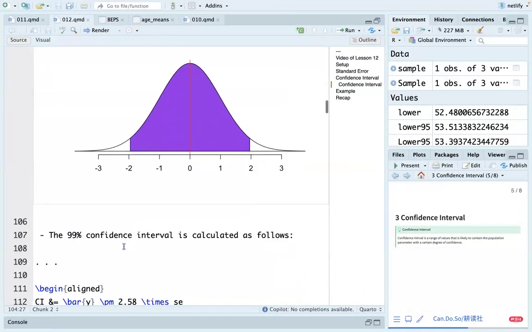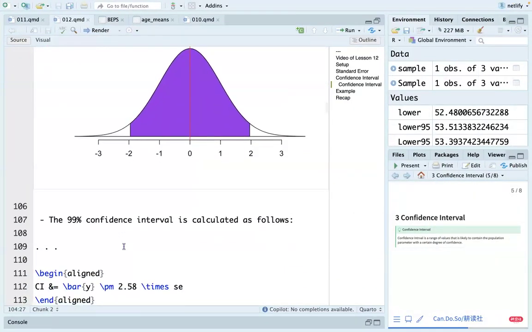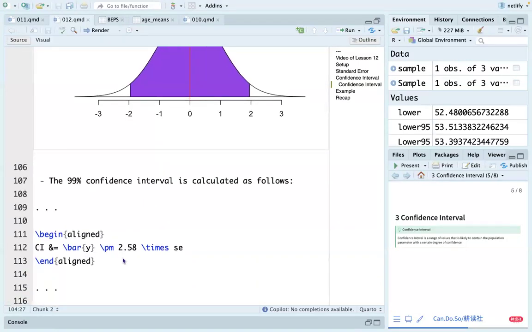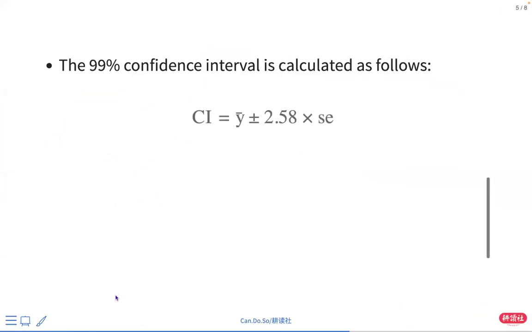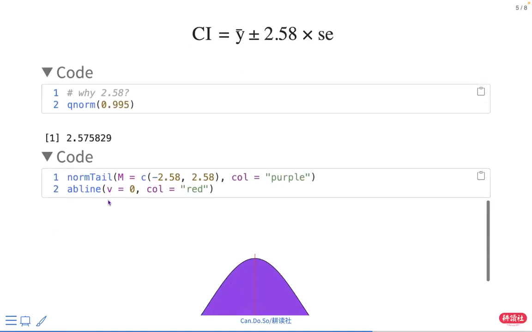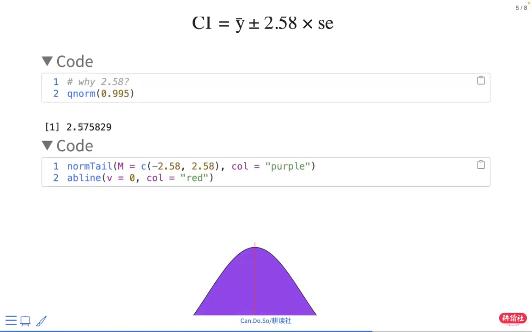So if we want to calculate the 99% confidence interval, we can use 2.58. So why 2.58? Similarly, we can use this qnorm function to find this value, which is 2.58.